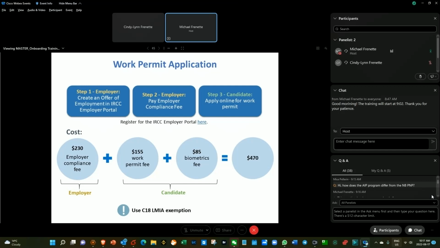You will need to pay the employer compliance fee of $230. Once these steps are completed, the portal will provide you with an employment number, which starts with the letter A and is followed by 7 numbers. The candidate will need the employment number and the payment received for the compliance fee in order to submit their work permit application.